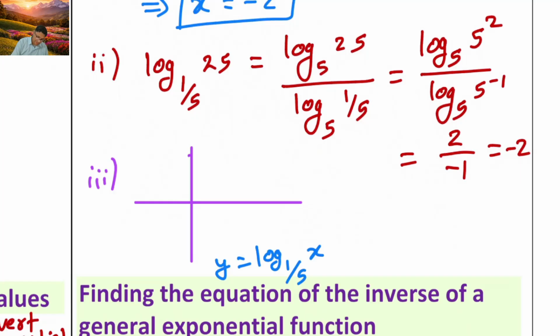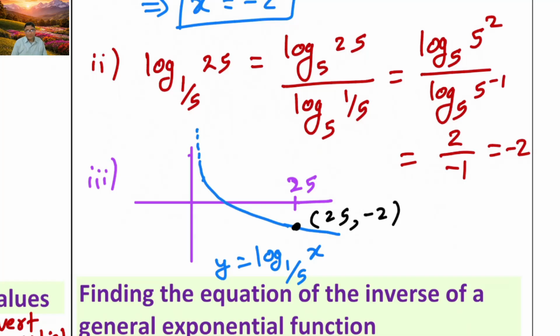Now that reminds me, the graph of log base 1/5 of x is going to look like this, right? And apparently now you have to zoom out sufficiently. So let's say this is at 25, and you'll see that the corresponding point on the graph at 25 would be -2. That is how you know the answer is -2.